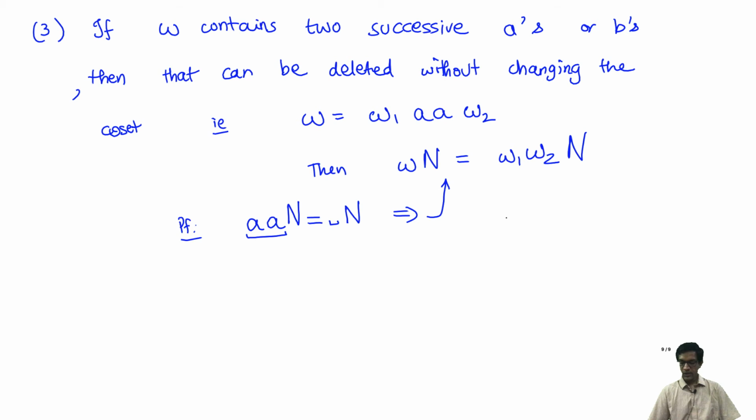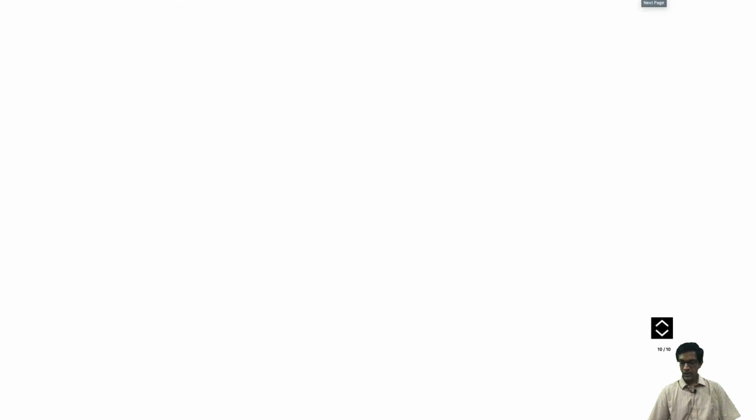Same thing with b's instead of a's. So this is the next reduction principle. It says you can throw out two consecutive occurrences of a's or b's without changing the coset of your word.